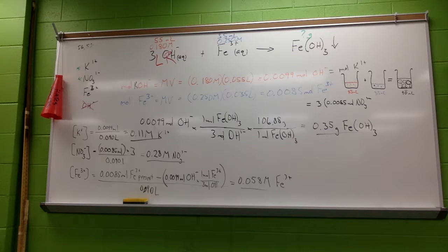Well, don't we have equal numbers of potassium and hydroxide ions, so therefore the net charge is 0. What is the net charge on the iron 3 nitrate solution? 0. So if we combine the 2 solutions, shouldn't our net charge be 0? Right? Is it? And this is a good way to check if you did your math correctly, by the way.